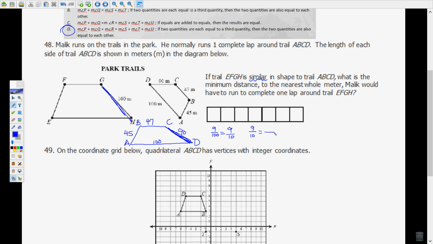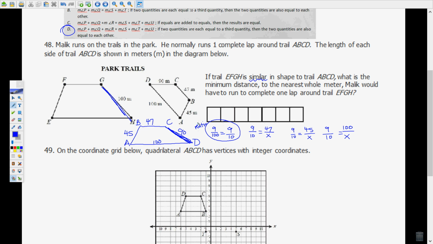So I set up 9/10 equals 47 over x, 9/10 equals 45 over x, 9/10 equals 100 over x, and I already know the other side is 90 and 100. And I cross multiply, and this is my ratio that I'm working with.